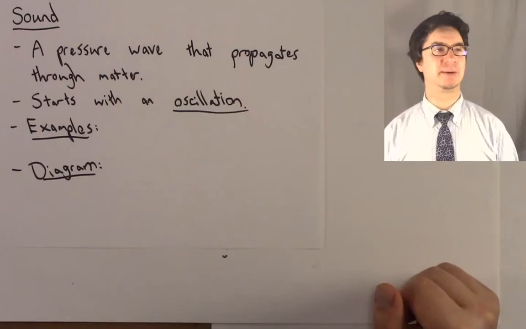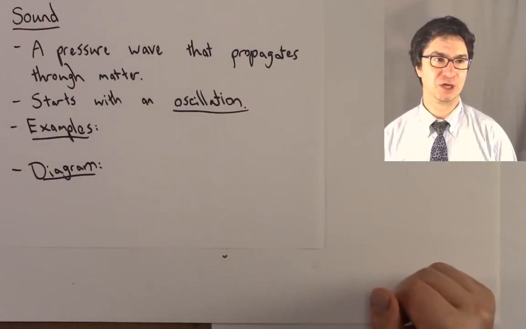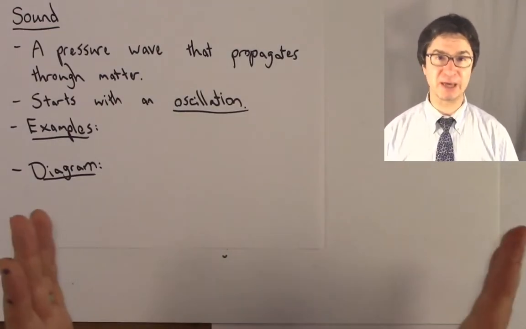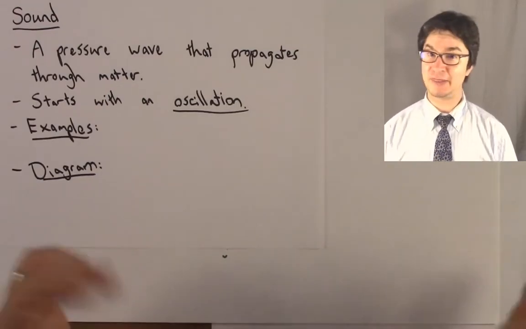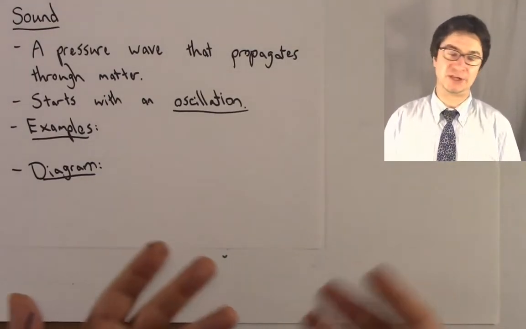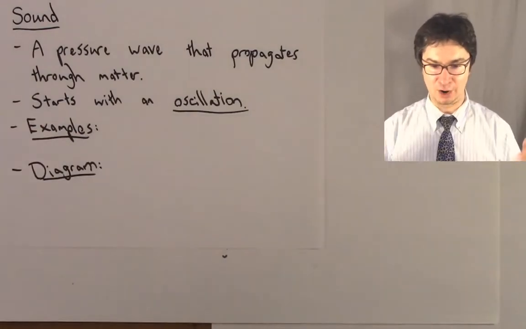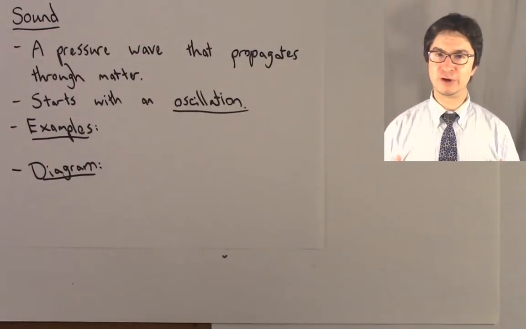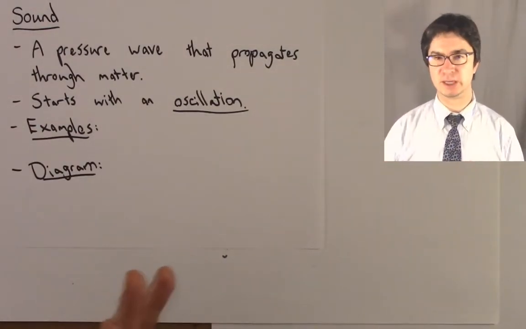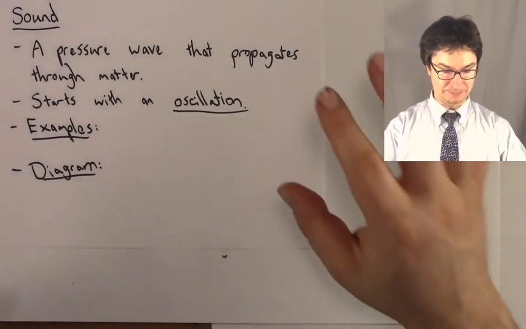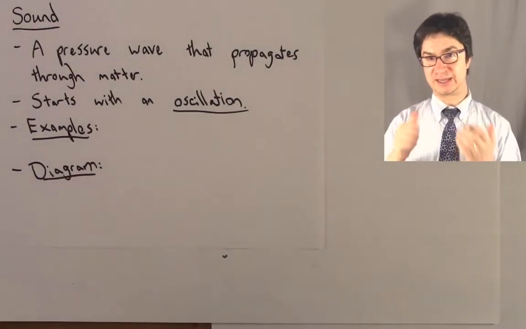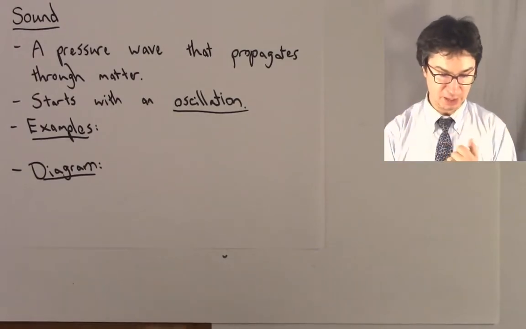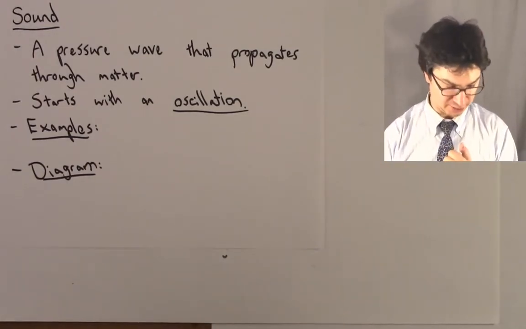There's an expression, I can't remember what movie it's from, but they say, in space, no one can hear you scream. And that's true, unless you're in a spaceship that's oxygenated with air. There is no ability for sound to transmit through space. You need physical matter. You need a gas, you need a liquid, you need a solid to transmit that sound.